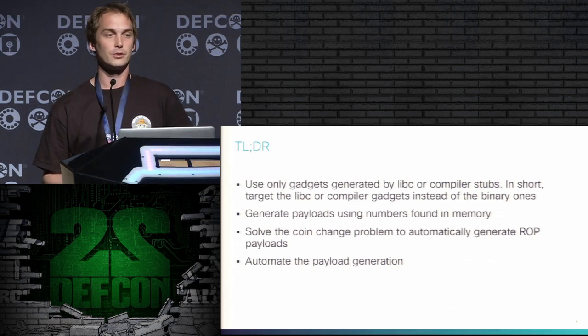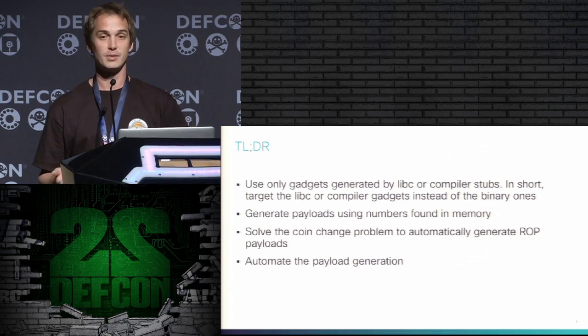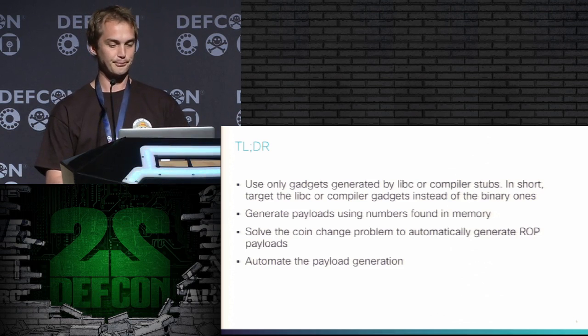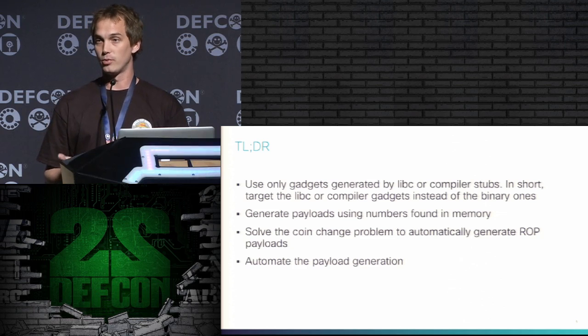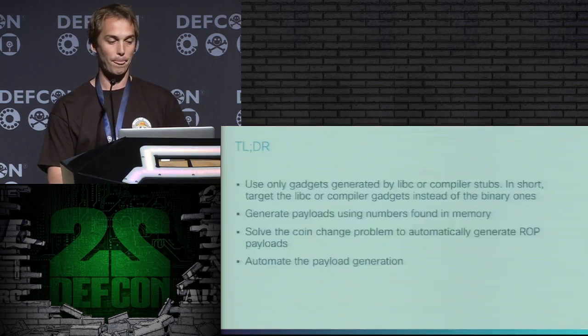And what I wanted to do is take it a level further and abstract it a bit more, and be able to use instructions generated by the compiler or by libc to exploit the vulnerability. And so I'll try and generate the payloads as usual, putting them in memory and using them.